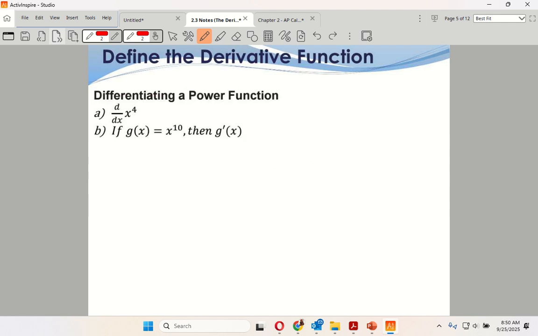So I have my function I'm going to find. So this is the notation that says I want the derivative of that. So if I want the derivative of that, it is x to the 4th. So from my formula that I just had on the previous slide, that 4 is my n. So that is going to go out front. And then what did I do to my n value? Subtract 1.